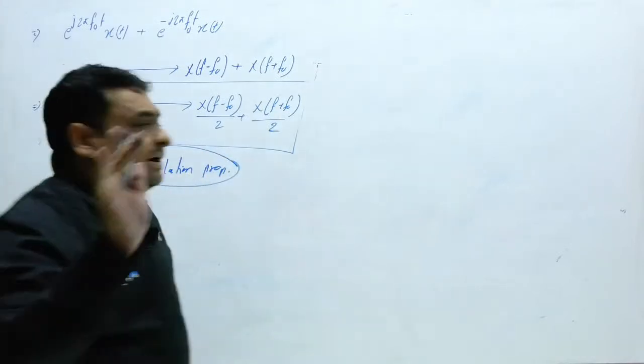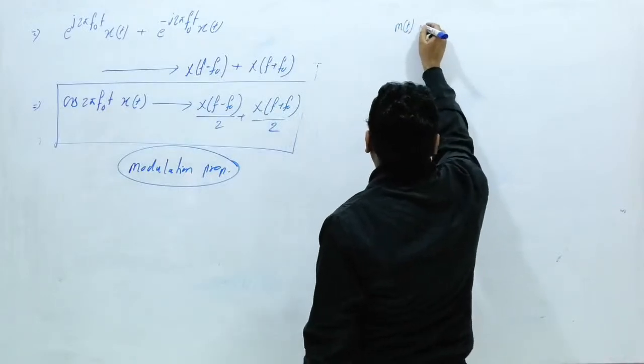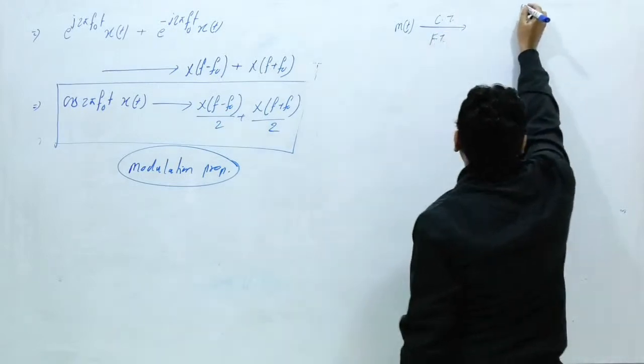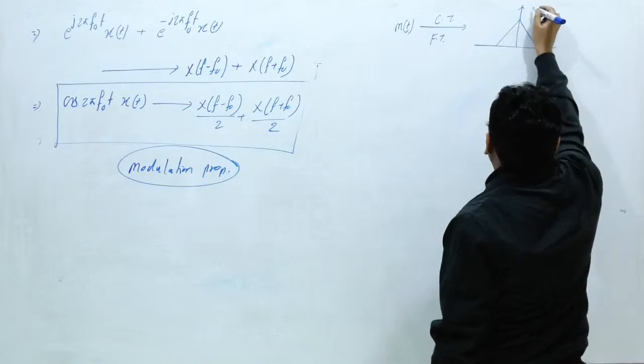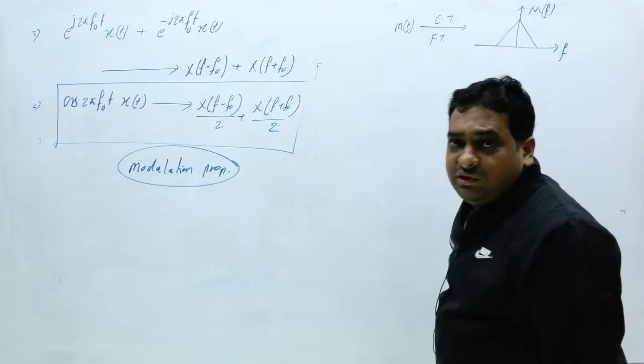Now I want to explain it with one example. Suppose one signal m(t) is given, and this is its continuous-time Fourier transform. I am just going to assume the signal like this, and this is M(f), in the frequency domain f.